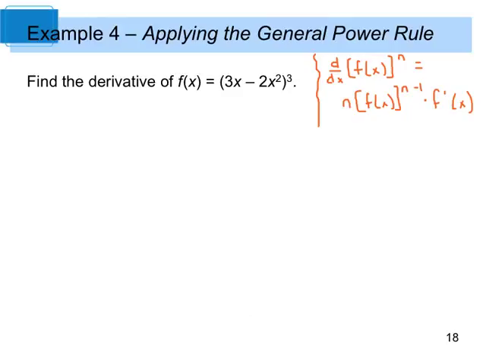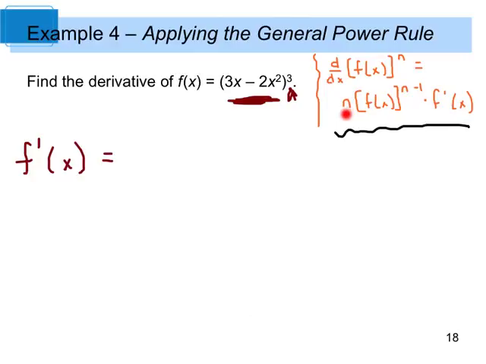Okay, now I copied and pasted the general power rule right here. So what we're going to do is find the derivative of a quantity to a power. Do you see how it fits this rule? That's my function of x, that's my f of x, to the nth power. So using the general power rule, which is really just the chain rule, we bring the power down.